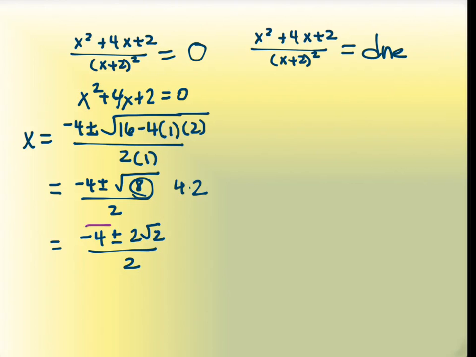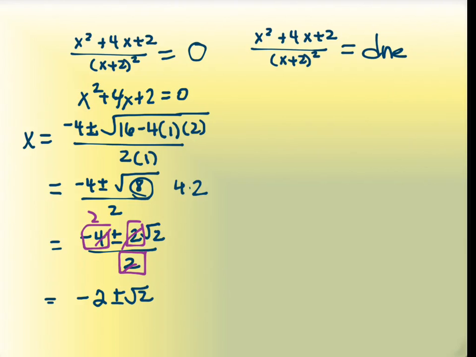And then you notice that every piece of this has a 2 in it, so you can reduce them. So this ends up giving you negative 2 plus or minus the square root of 2. Isn't that a fantastic value?